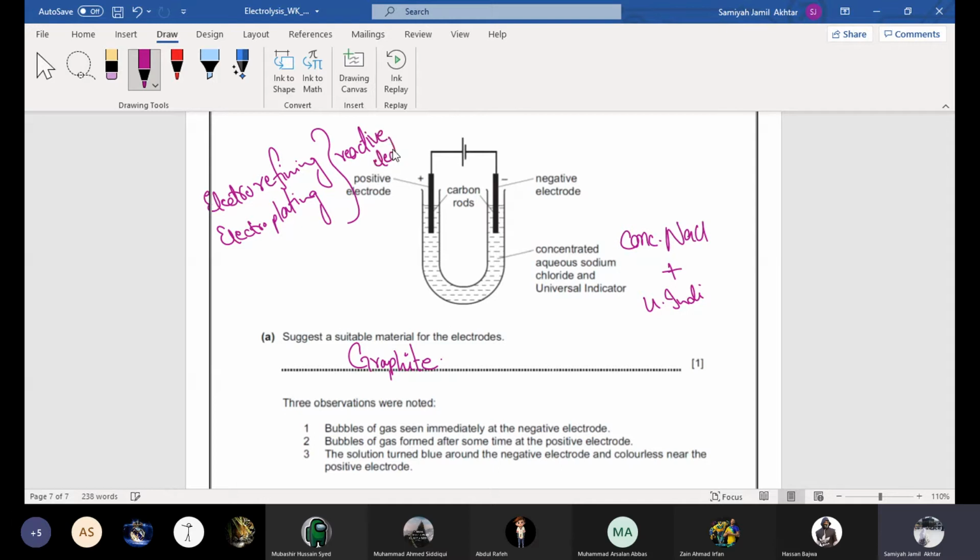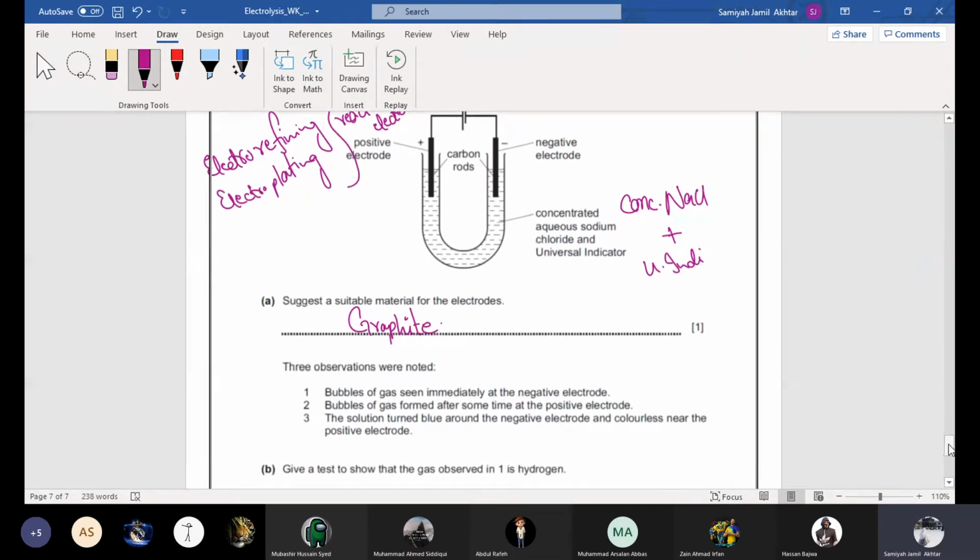So remember this. In these two, the electrodes are made of copper or zinc or whatever material we want to coat, like silver or gold, and the material we want to refine. So it's a reactive electrode, not inert. But in simple electrolysis, in simple extraction, we use inert. So remember this point also.